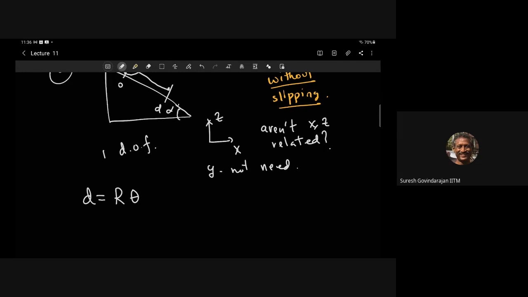Is 0 to be identified with 2 pi? No, absolutely not, because 2 pi means it has moved a distance 2 pi r away. It's gone. So theta is not an angle.